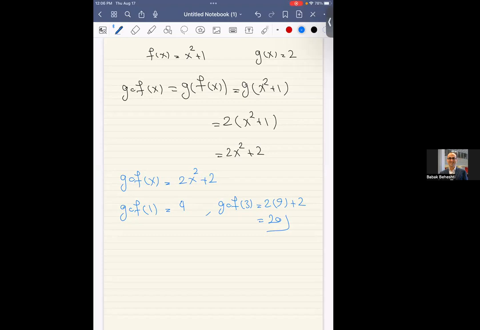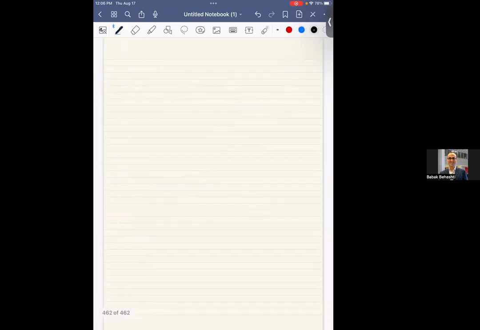Now let's look at FOG. FOG could be different, with the same F and G. So G of x is 2x, F of x is x squared plus 1. So let's begin with, again, x equal to 1.